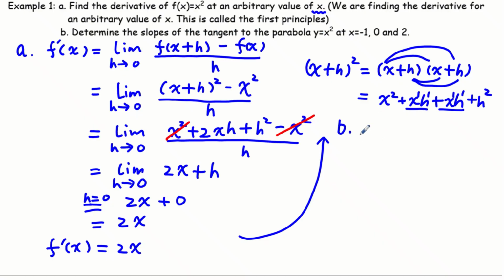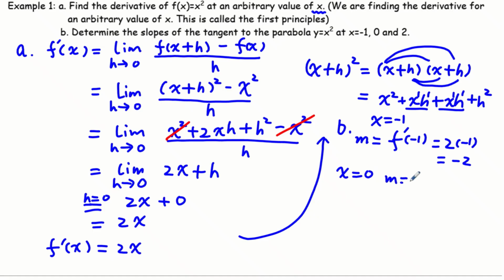So question B, the slope of the tangent at x equals -1 is f prime of -1. We sub in: 2 times -1 is -2. When x equals 0, the slope is f prime at x equals 0, which is 2 times 0, giving you 0.